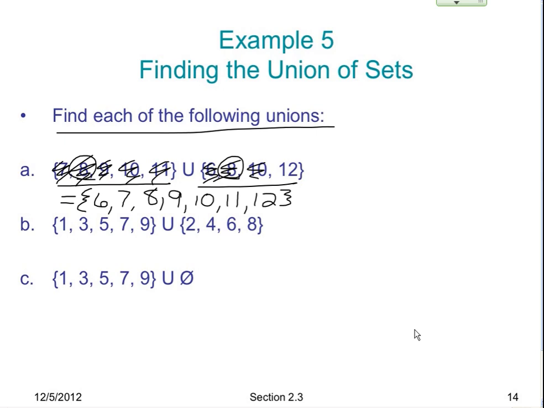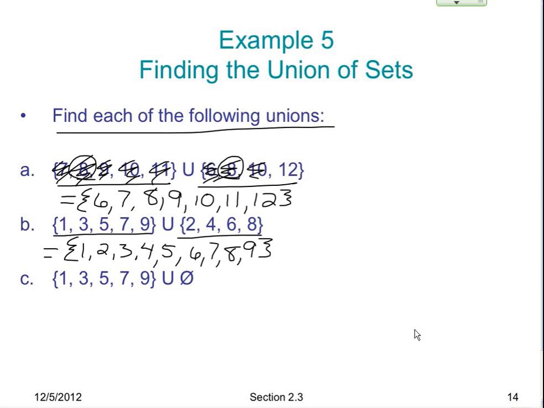For the next one, the union, I'm going to take everything in one, everything in the other, put them together into one big set. 1, 2, 3, 4, 5, 6, 7, 8, and 9.